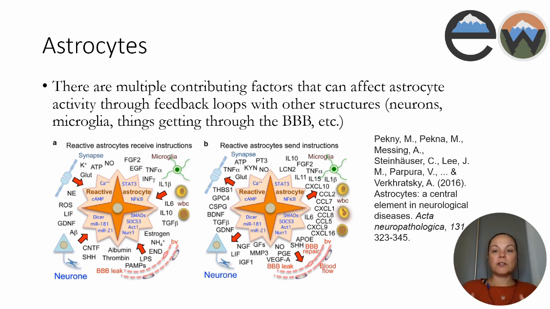So astrocytes talk to neurons, microglia, anything that's getting into the blood-brain barrier. They talk to blood vessel walls inside the cranium and neurological tissue. So if there's an astrocyte dysfunction, the communication is not as efficient as we'd like to see, it's not correct, it's not sending the right signals, it can be sending the wrong signals also to blood vessel walls in the cranium, in the spinal cord as well. So just something to remember, that we can get caught in these feedback loops, and it can actually stimulate more of the problem.